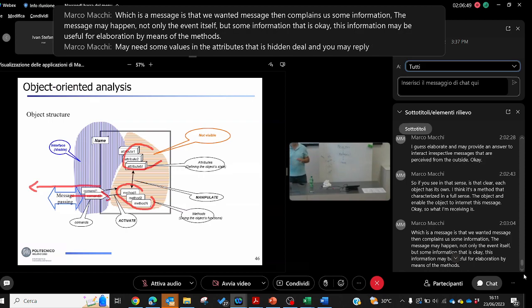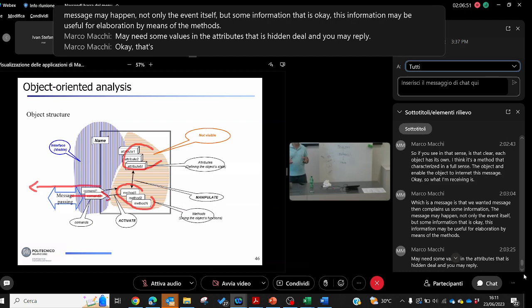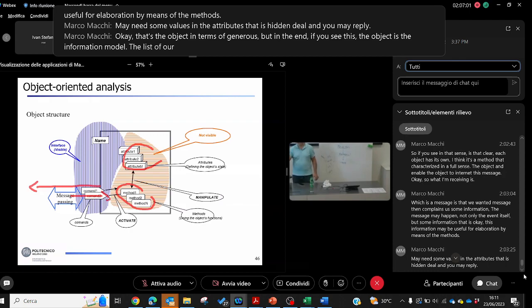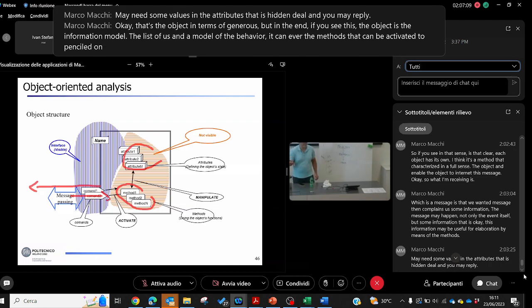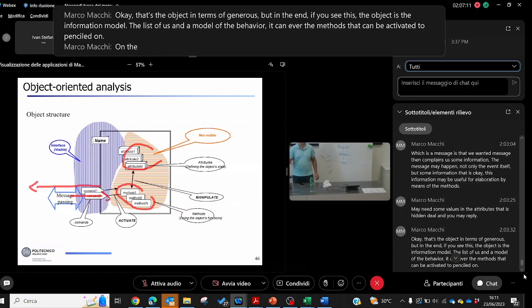Okay? That's the object in the general sense. But in the end, the object is an information model, the list of attributes, and a model of the behavior it can have: the methods that can be activated depending on the dynamics, on the events, on the messages that I'm receiving.